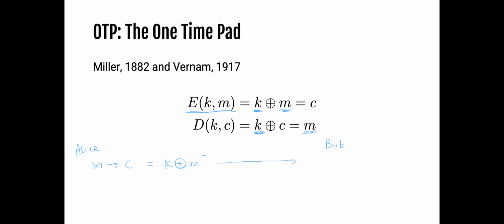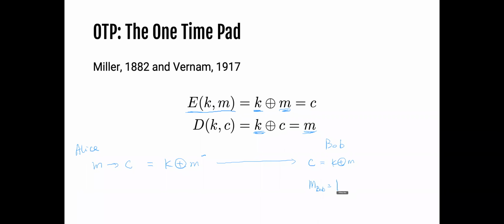So Bob gets this ciphertext, which is the same as what Alice encrypted, and Bob wants to decrypt it. From Bob's perspective, he computes K XOR C. Let me do this exactly the same as what I wrote over here.